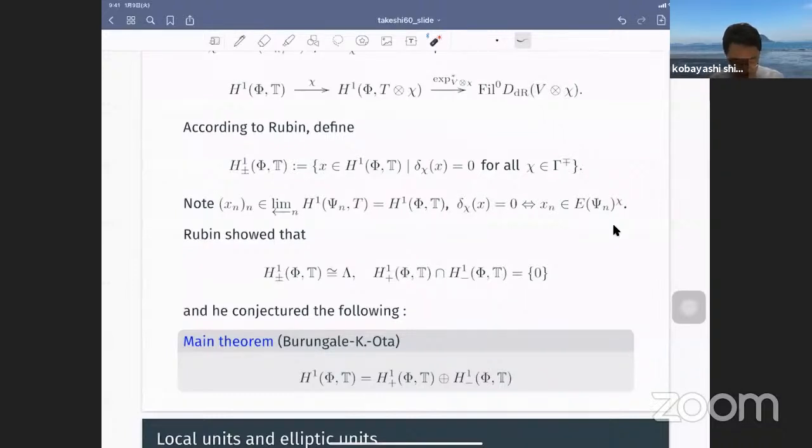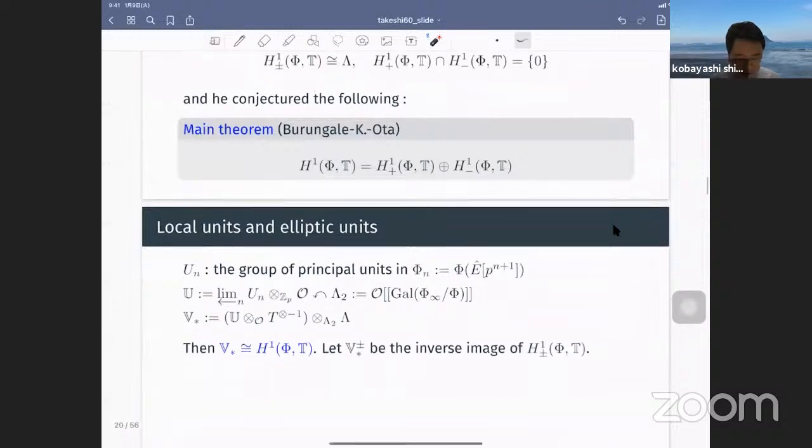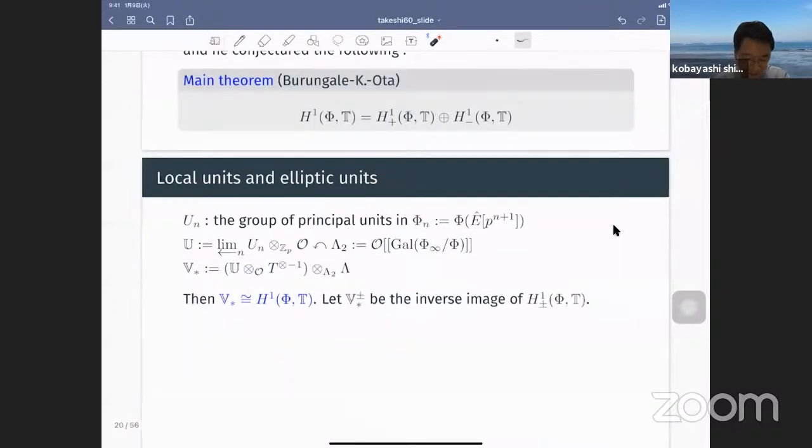Now, Rubin stated this decomposition in terms of local units. So we write this in more down-to-earth language. Let U_n be the group of principal units in the division field of the formal group.